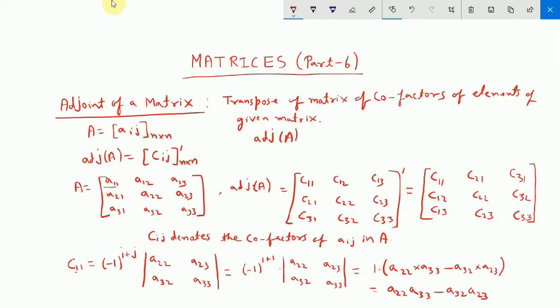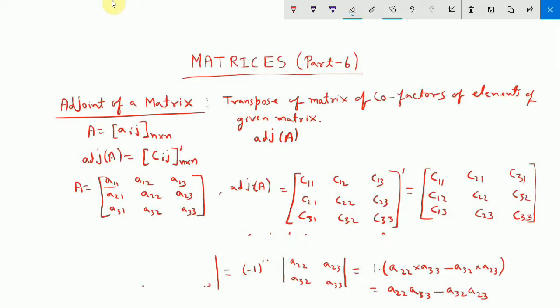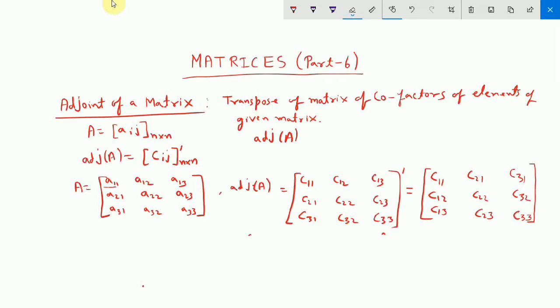So we have seen how to calculate C11. Next we will calculate C12. So C12 will become minus 1 to the power 1 plus 2. Okay. And this is the element 1 2, so we will remove the first row and second column.